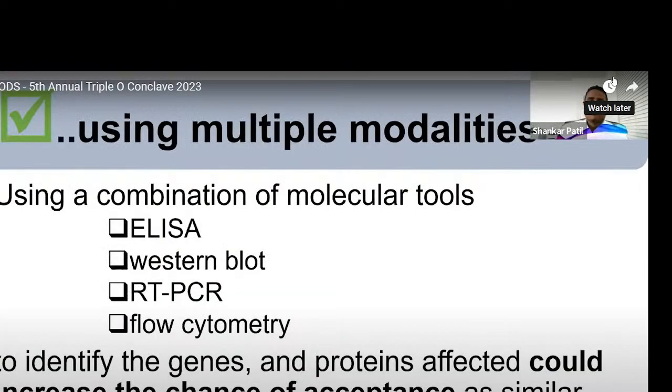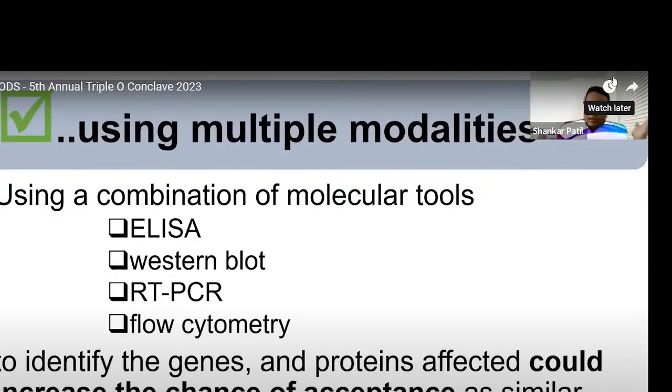And validate the study using multiple modalities. By doing only histopathology, you cannot do validation. You may have to use immunohistochemistry, ELISA, Western blot, RT-PCR, and flow cytometry. The deeper you go using molecular tools, this is called validation of the sample, and the acceptance rate increases if you use multiple modalities, not one single modality.